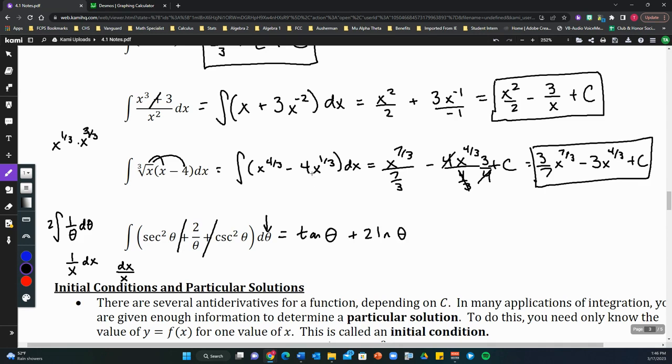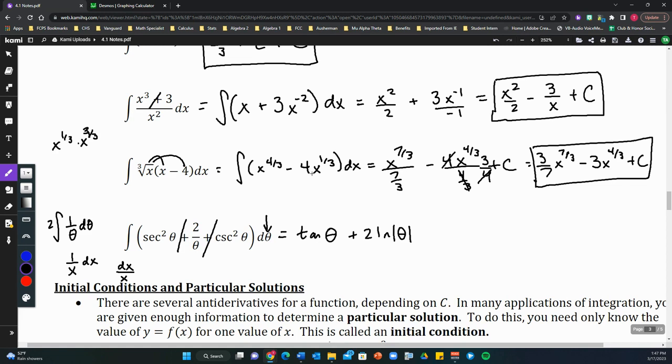But remember, when we integrate and end up with the natural log, you must always have absolute value bars. Okay, the exception to that would be if the inside is something that is always positive already, like x squared or e to the x. That would be the only exception, okay? So we need the absolute value bars there in this case.